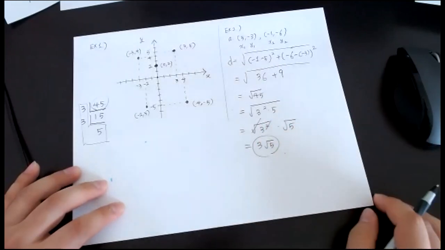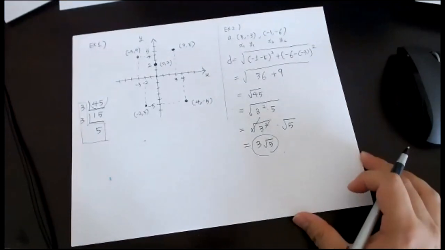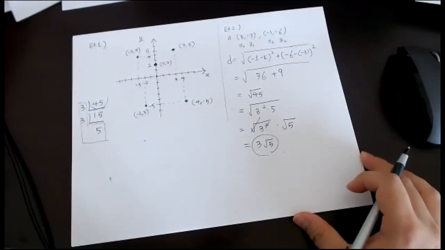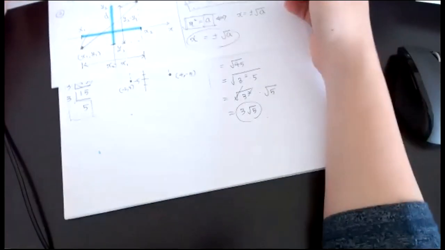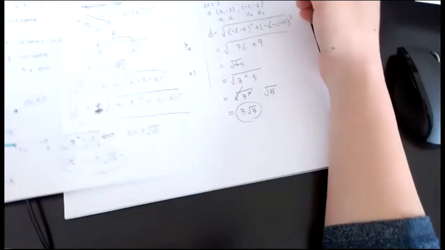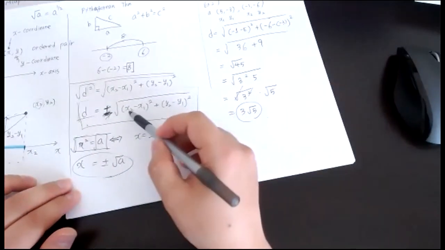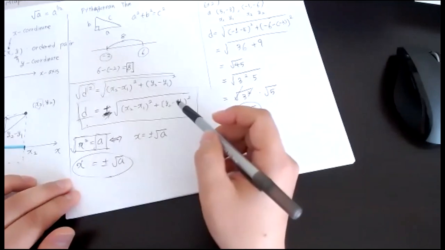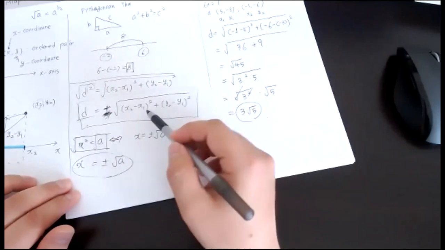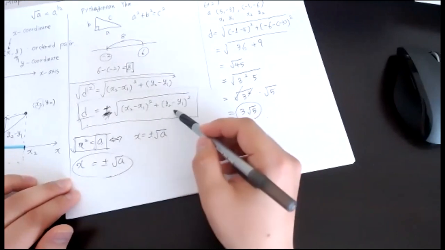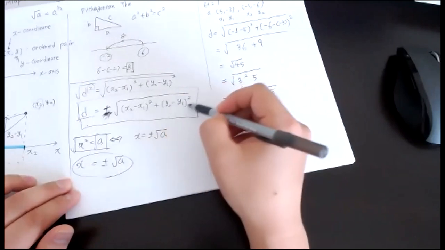Now the other thing I want to mention, back to the distance formula: the order of x1, x2 and y1, y2 doesn't matter. You can do x1 minus x2 instead of x2 minus x1. You can do y1 minus y2 instead of y2 minus y1, because eventually we're going to take a square.